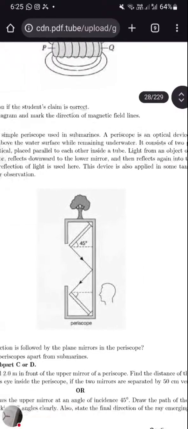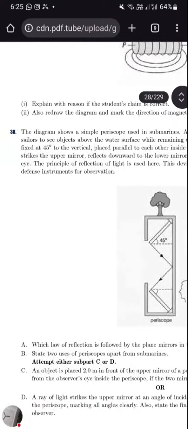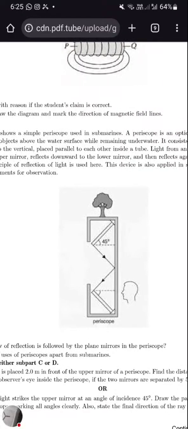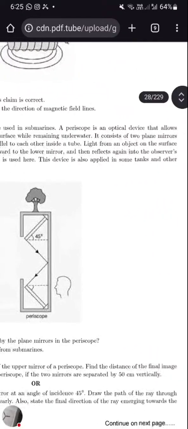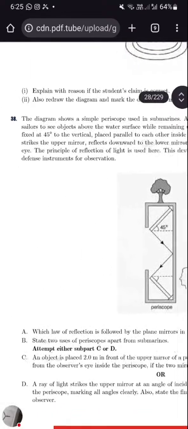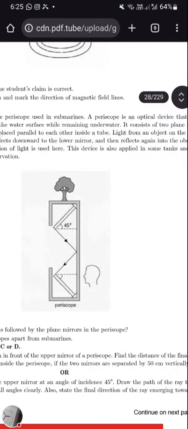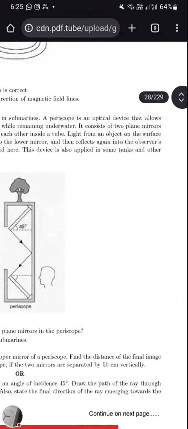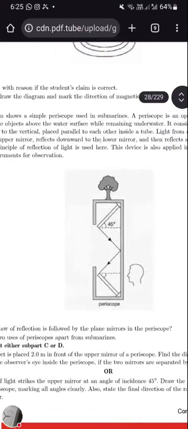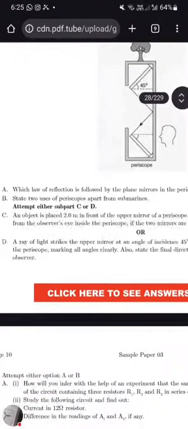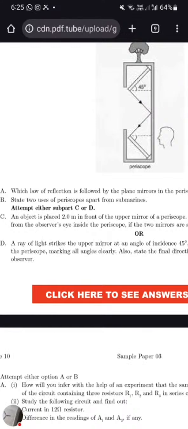Light from an object on the surface strikes the upper mirror, reflects downward to the lower, then reflects again into the observer's eye. The principle of reflection of light is used here. So this device is also applied in some tanks and other defense instruments. So here the question, depending on the paragraph: which law of reflection is followed by the plane mirror in the periscope?